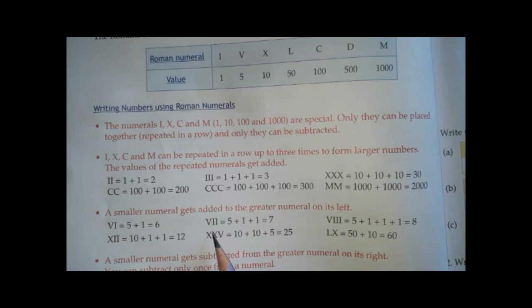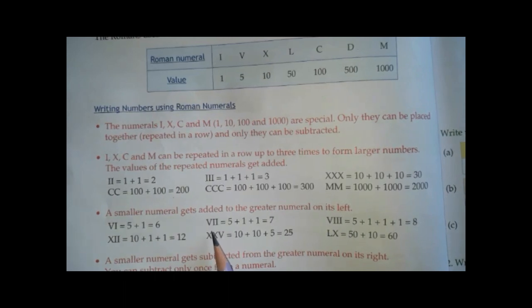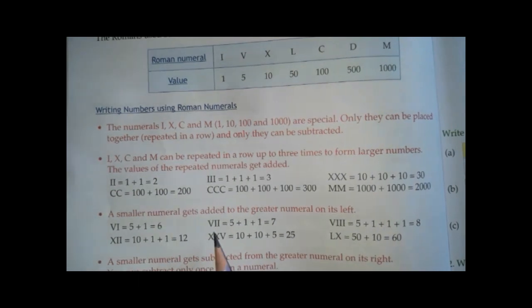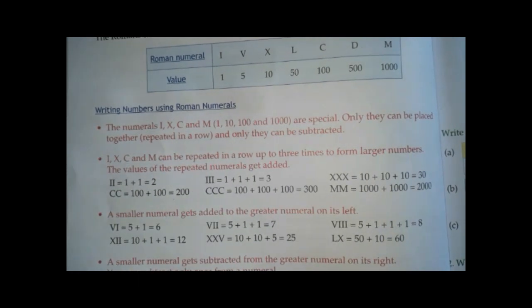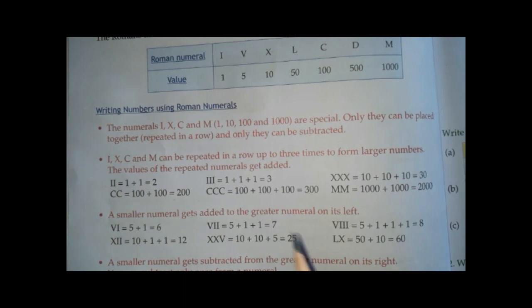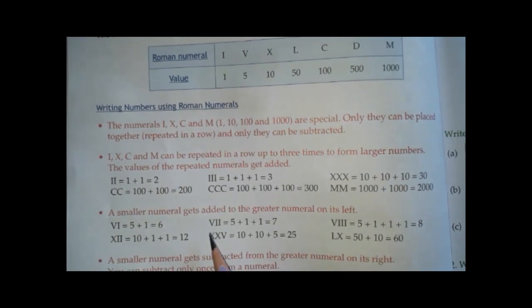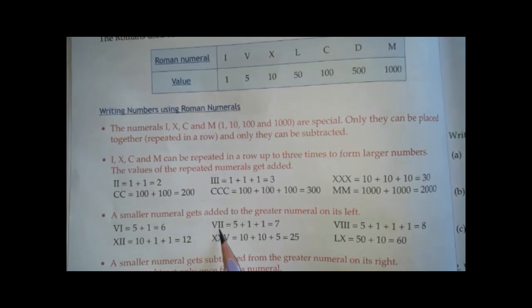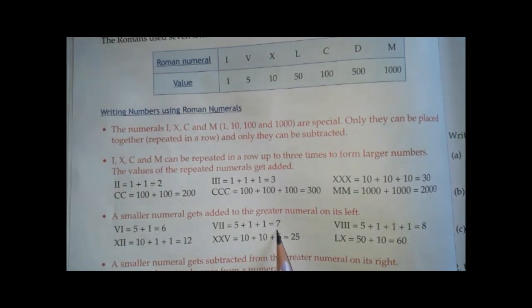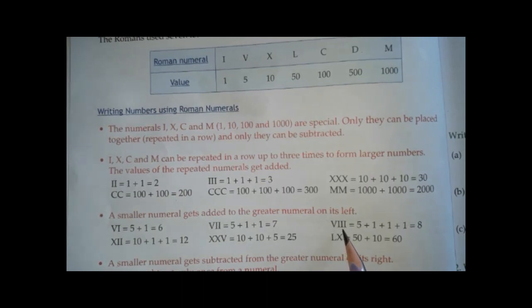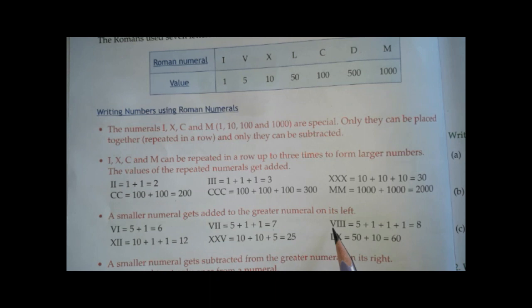And the third rule says if a smaller numeral is written to the right of the greater numeral, then it gets added to the greater numeral. V is greater than I, so these 2 I's will get added to V. 5 plus 1 plus 1, that means 7. In this VIII, V means 5, I means 1, 1 and 1, and V is greater than I, so these 3 I's will be added to this V.